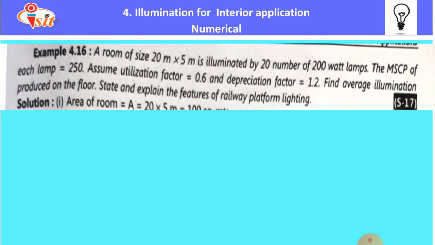So it has two statements. One is for the average illumination produced on the floor in the room having the size 20 meter by 5 meter, and they are also asking about theory, that is the features of railway platform lighting.